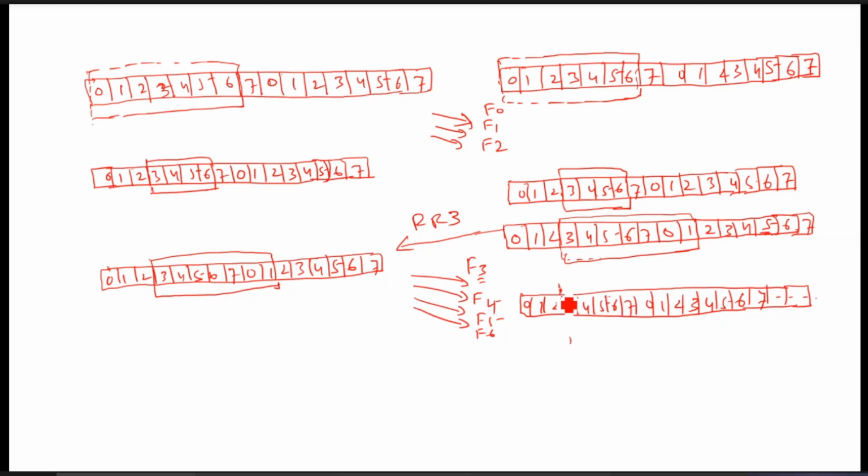It is frame number 2. Right now, say after receiving frame number 3, it sends the acknowledgement. So you see, it will now be up to 2.